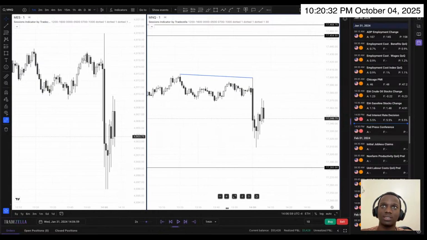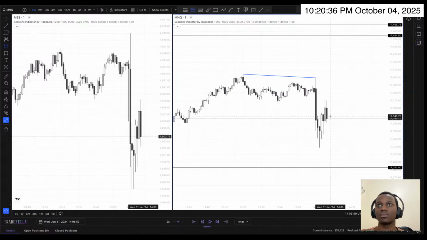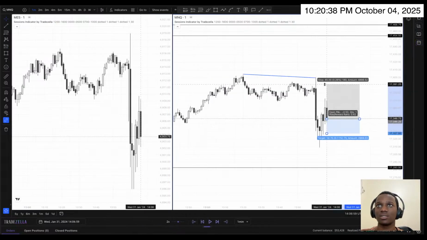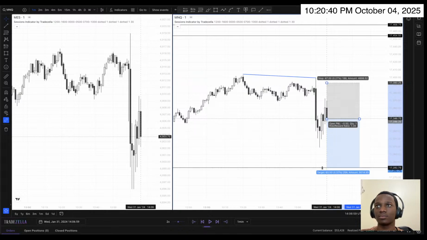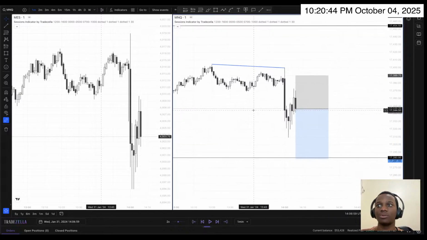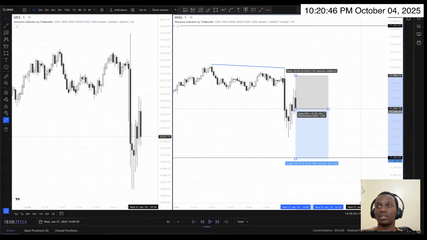I think we can take an internal sell regardless of those SMTs. Something like this. Really huge thing here.